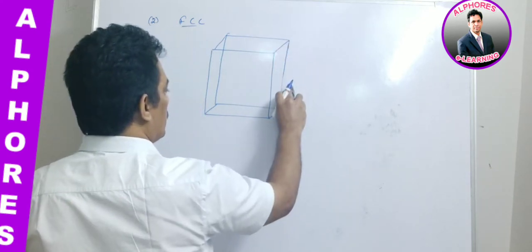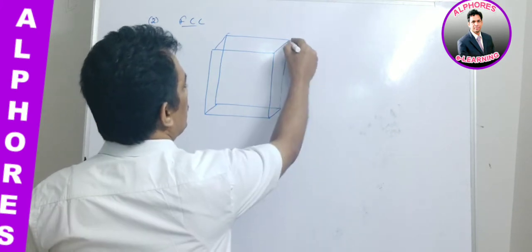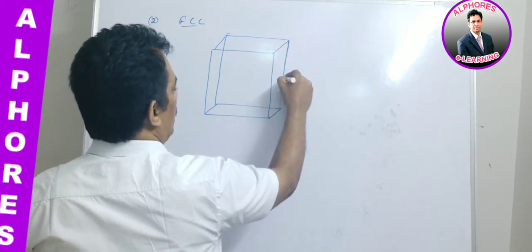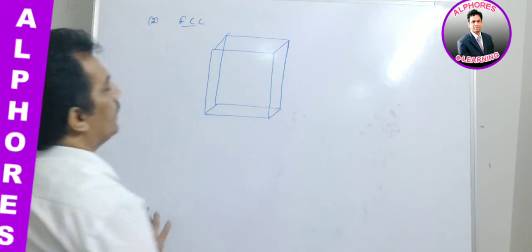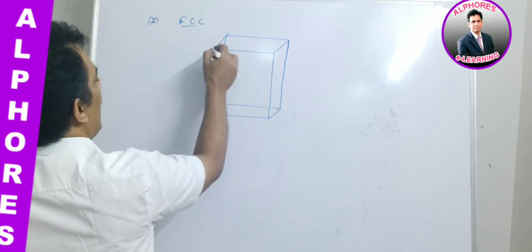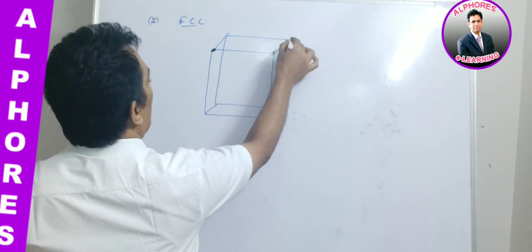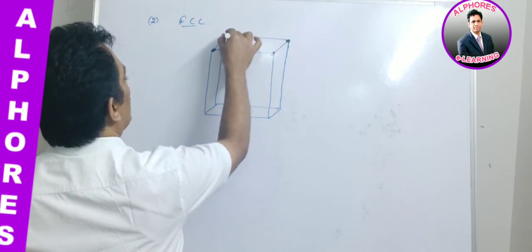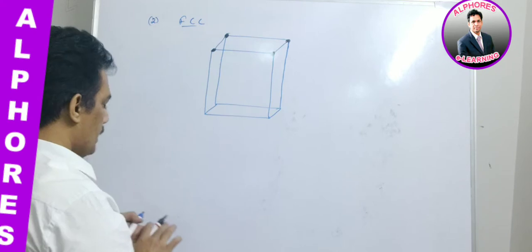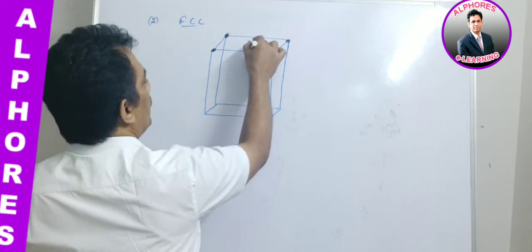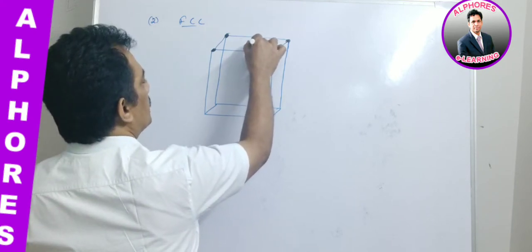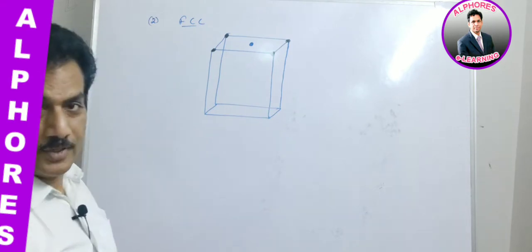Let me draw this. The atoms are present at corners, and in addition to corners, there is an atom in the face center. Clear?